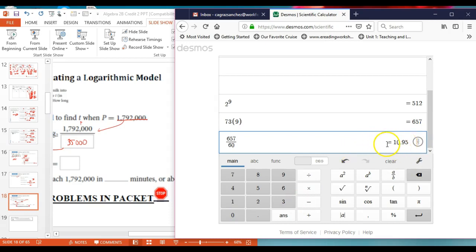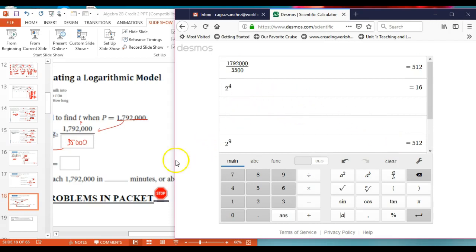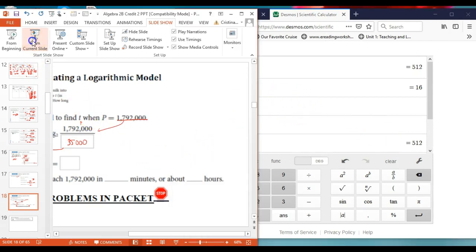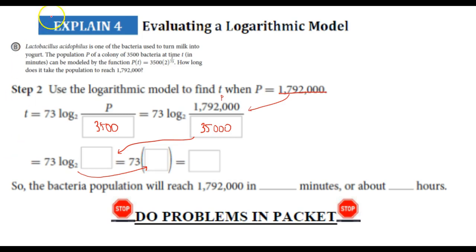Okay, so let's go ahead and record some of our results here onto our paper. So that would be about 512. We figured out that would be 9 because 2 to the 9th power.